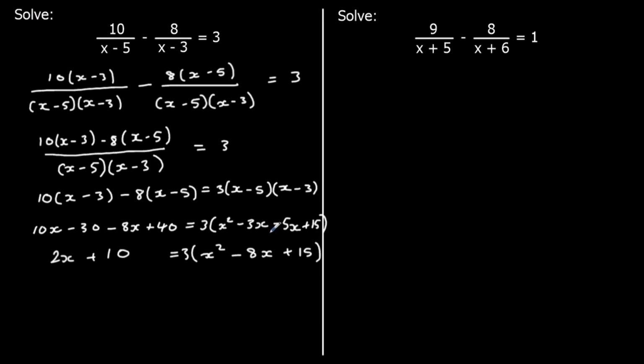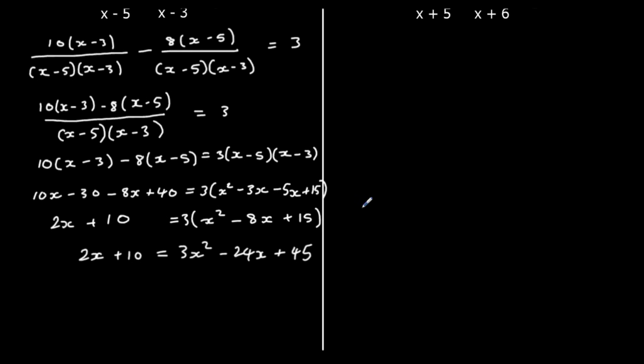So let's expand again to get rid of our 3. So multiply it all by 3. So we've got 2x plus 10 equals 3x squared minus 24x plus 45. So I've multiplied each term in the bracket by 3.